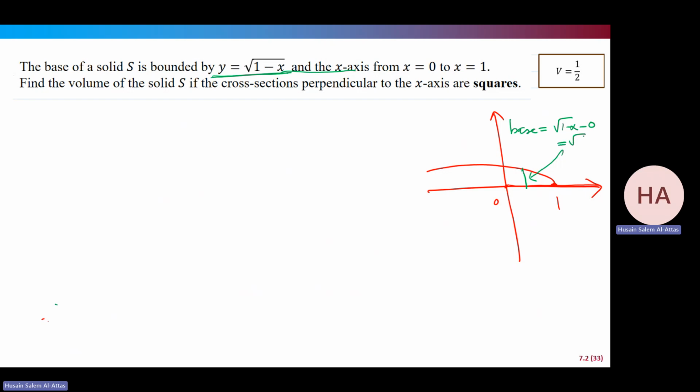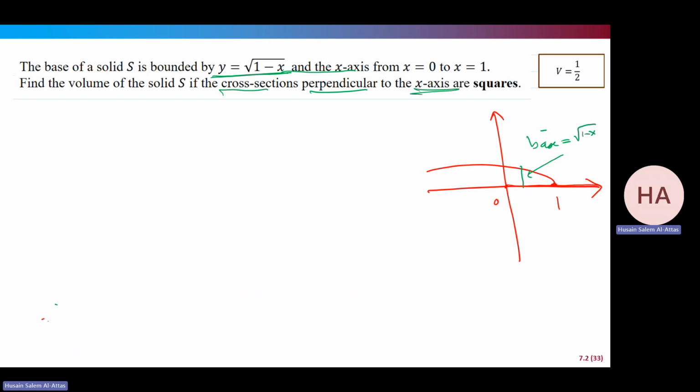So it will be square root 1 minus x. Wait a minute. Be careful. The cross sections are perpendicular to what? To the x-axis. Yes, that's correct. That will be the cross section. So the base will be square root 1 minus x minus 0.